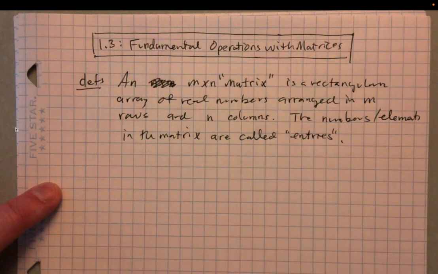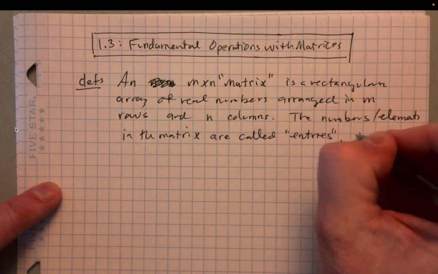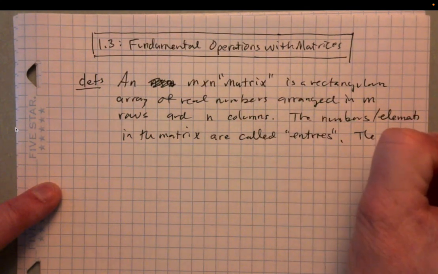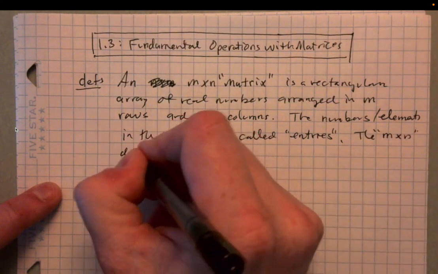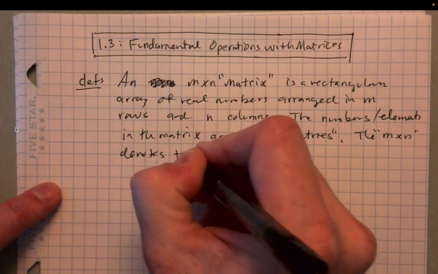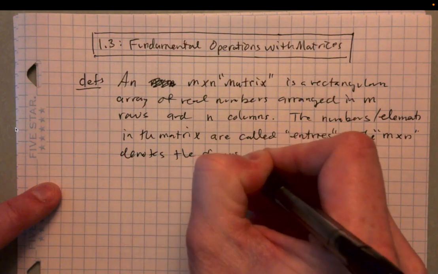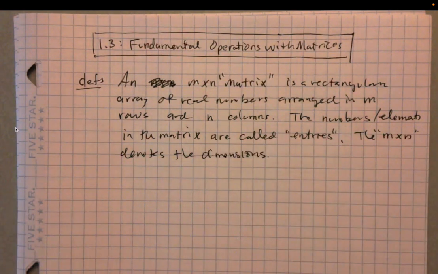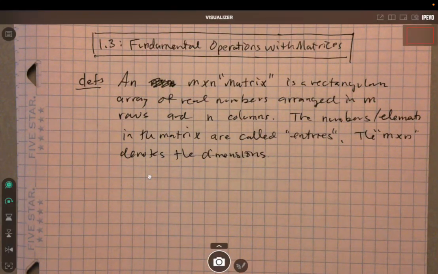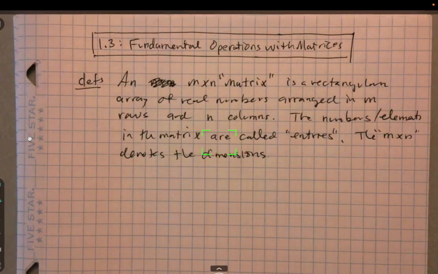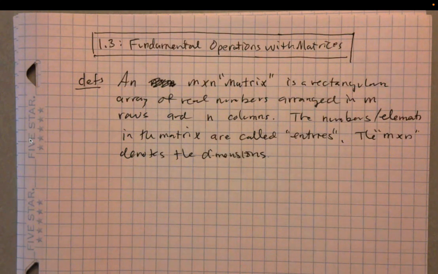And finally, the m by n piece denotes the dimensions. So an m by n matrix is a rectangular array of real numbers arranged in m rows and n columns. The numbers or elements of the matrix are called entries, and the m by n denotes the dimensions. That's kind of obvious from the preceding sentence.